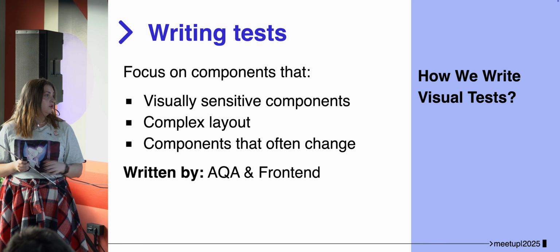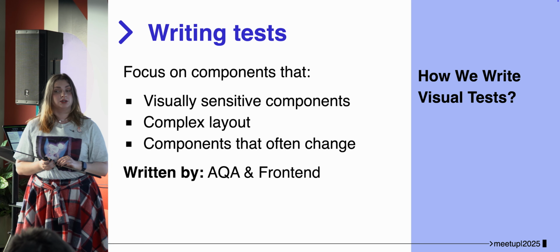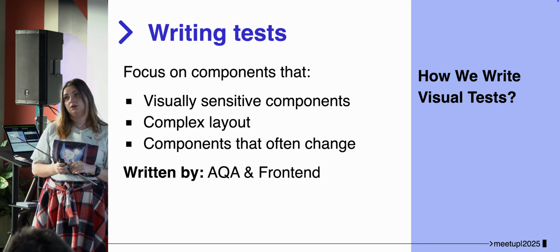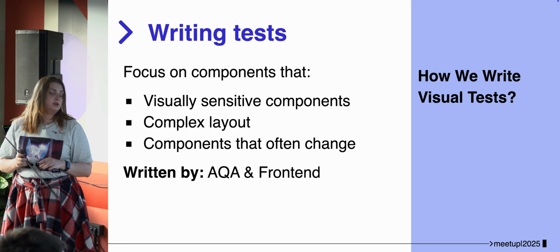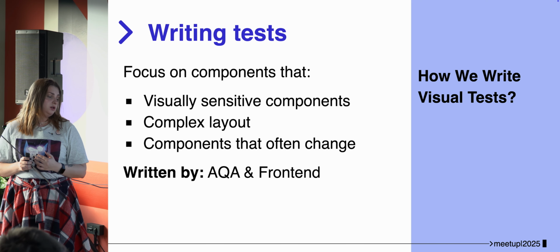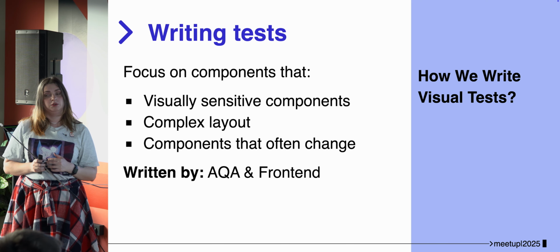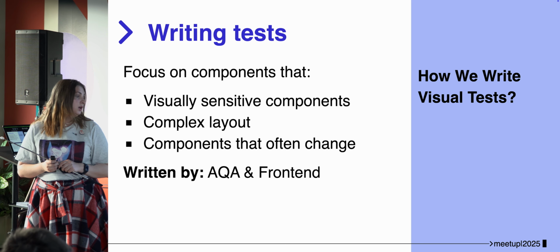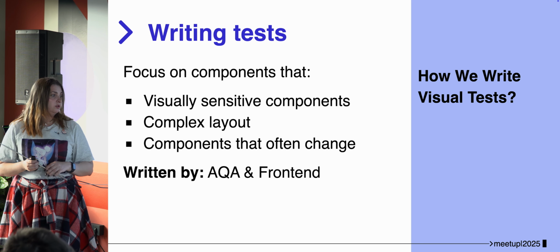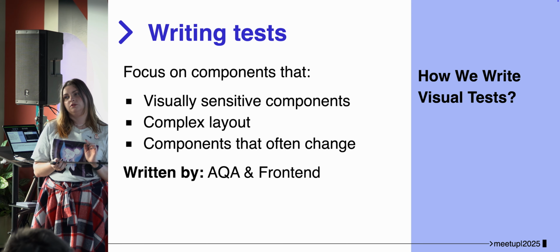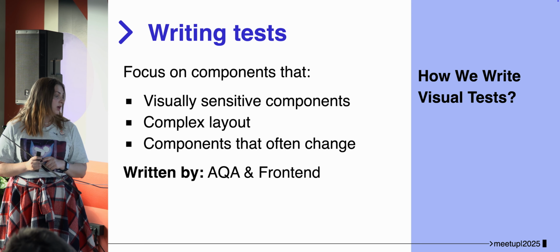And focus on components that have a complex layout, like the calendar, because it contains a lot of small pieces, and for me it's quite important to keep it clean. And components that often change, for us it is different inputs, different selects, and other things.